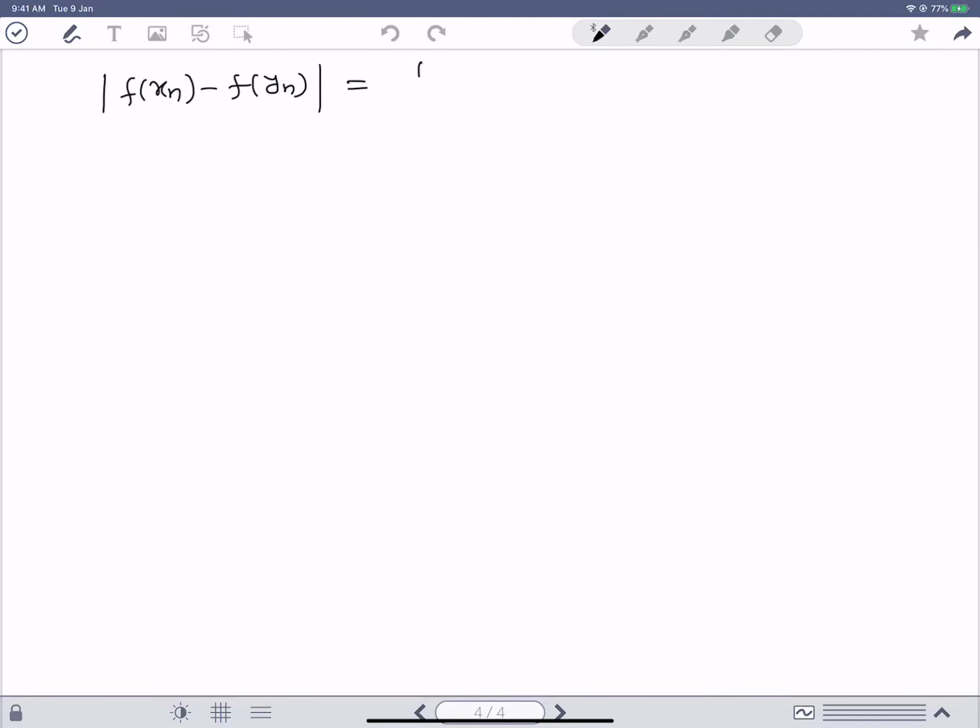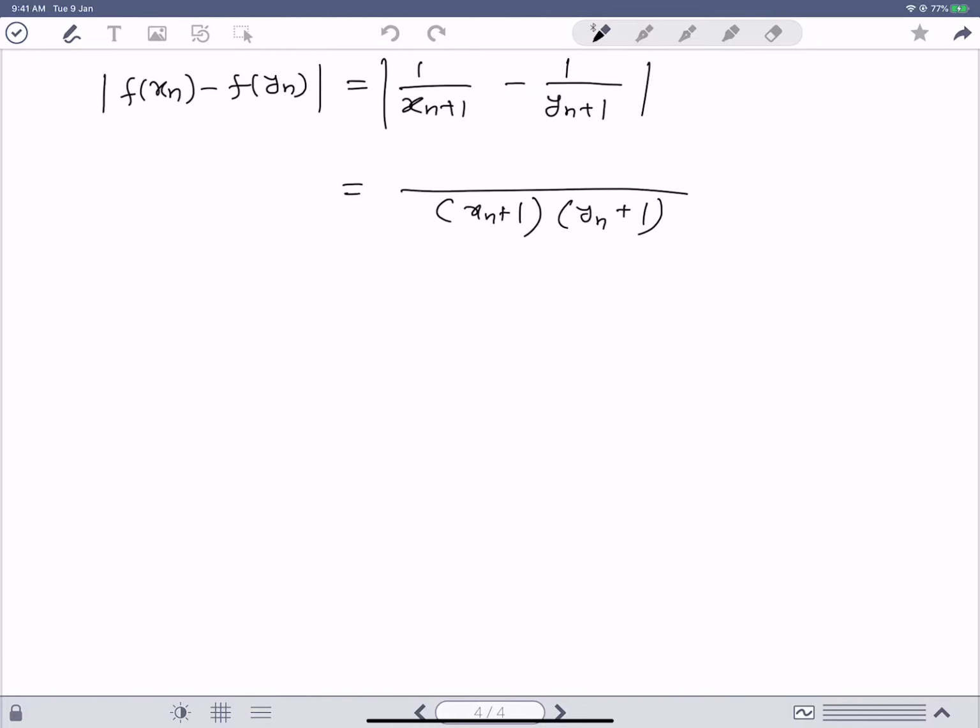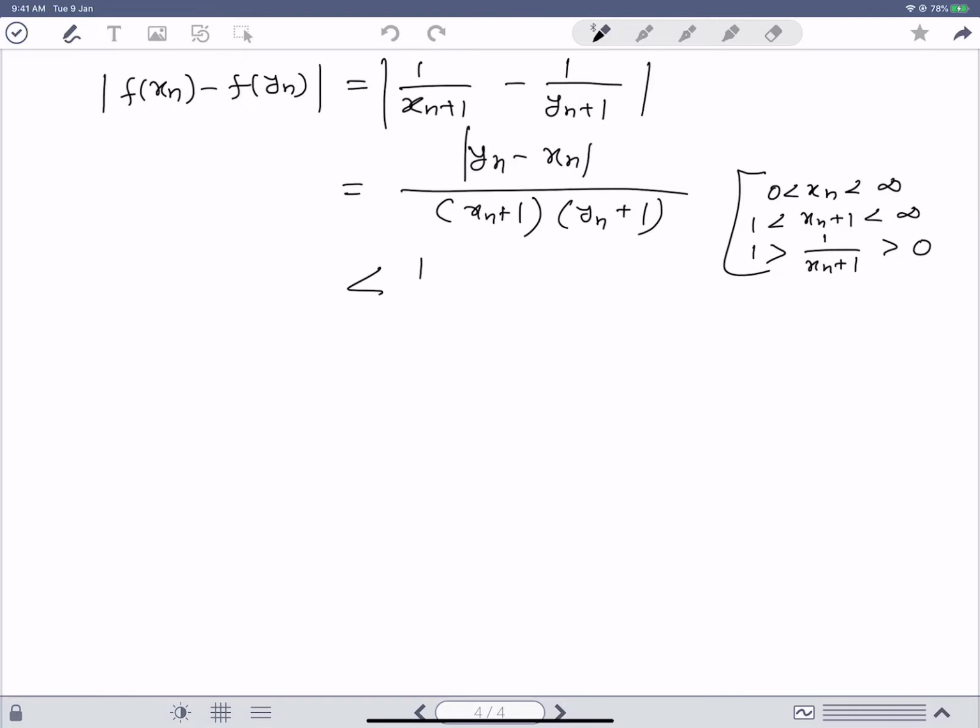That is 1 by xn plus 1 minus 1 by yn plus 1, right? So that is yn minus xn over xn plus 1 times yn plus 1. Now since xn plus 1 is bigger than 1, 1 by xn plus 1 is less than 1. So you can write it is less than mod of xn minus yn, right? Now this converges to 0 as n tends to infinity.